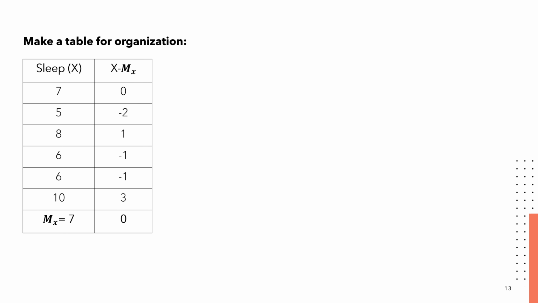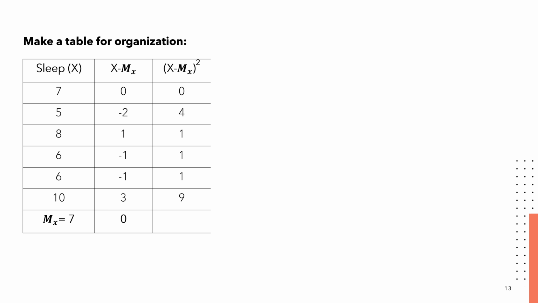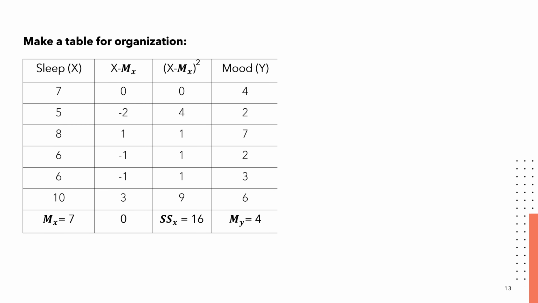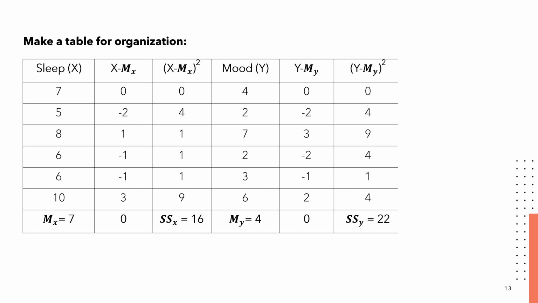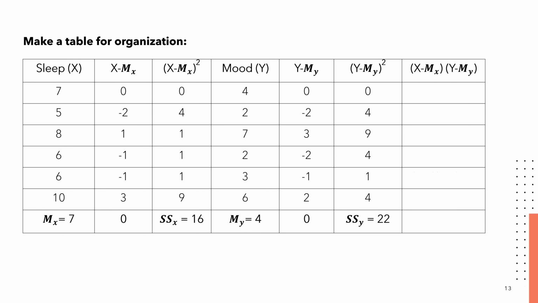As a reminder, deviations should always total to 0, so that's a good check at this point. We then square each value and total them, which in this case equals 16. Next, we do the same for y, which is mood. The mean is 4, so we subtract 4 from each value and then square and sum those numbers, which is 22. And now we're ready to calculate the cross products.